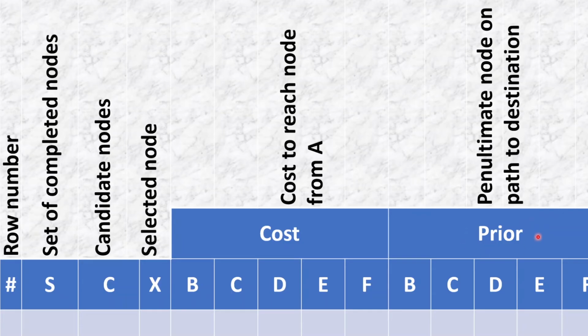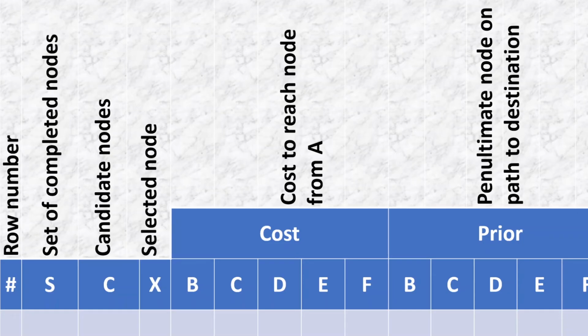This prior column is one that says who will be the final node on the path that will deliver to B, or on the path that will deliver to C, on the path that will deliver to D, or to E, or to F. So it's the immediately preceding one that will go into those columns.